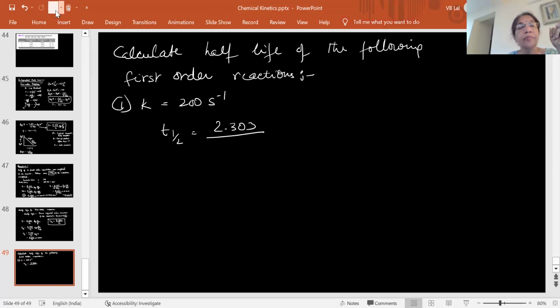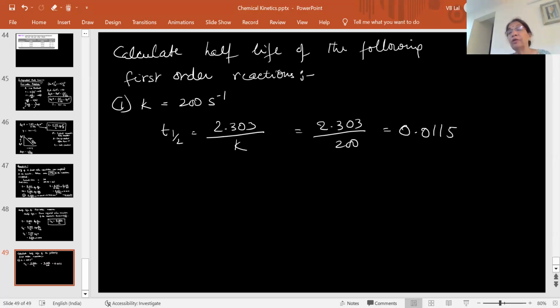So that will be equal to 2.303 divided by 200 per second. So I'll get 0.0115. Okay, that will be in seconds.